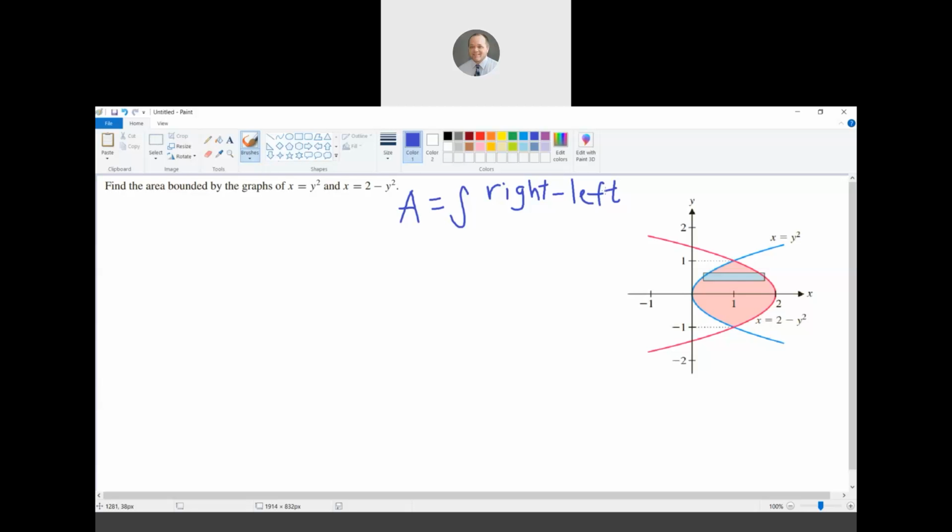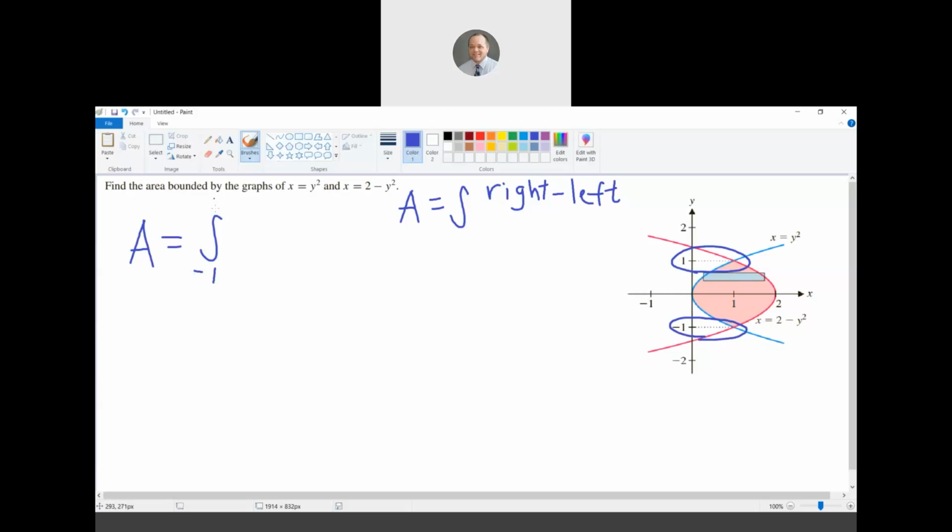And as you can tell, whenever your curves are given in terms of x equal to some y, to find the limits of integration, you just use the y values where they start and stop intersecting.